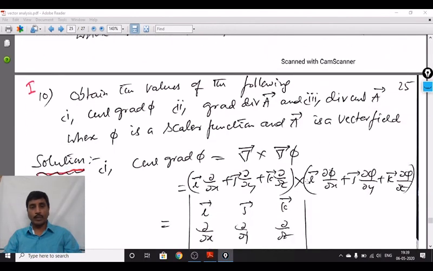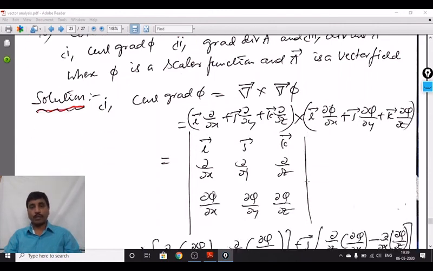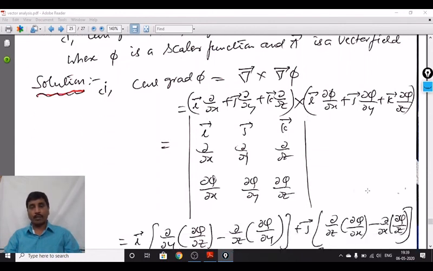Another important problem is curl grad phi is equal to 0. That means del bar cross grad phi is equal to 0. Del bar cross del bar phi is equal to 0. That can be proved as curl grad phi is equal to del bar cross del bar phi is equal to (i bar dou by dou x plus j bar dou by dou y plus k bar dou by dou z) cross (i bar dou phi by dou x plus j bar dou phi by dou y plus k bar dou phi by dou z).